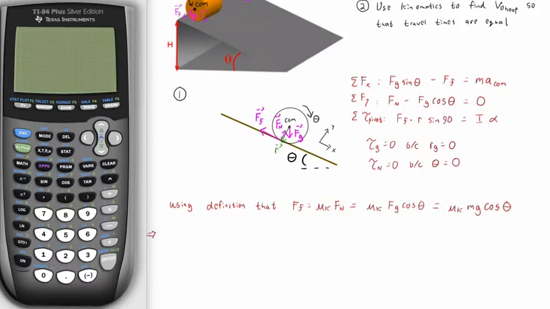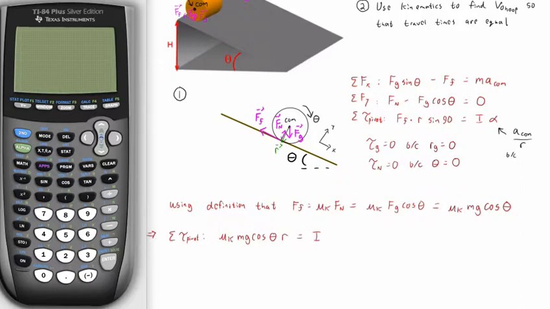So then the sum of torques about the pivot is going to be mu k mg cosine theta r. Sine of 90 is just 1. And then that's going to equal I alpha, and alpha is equal to A com over R. That's because of no slipping.